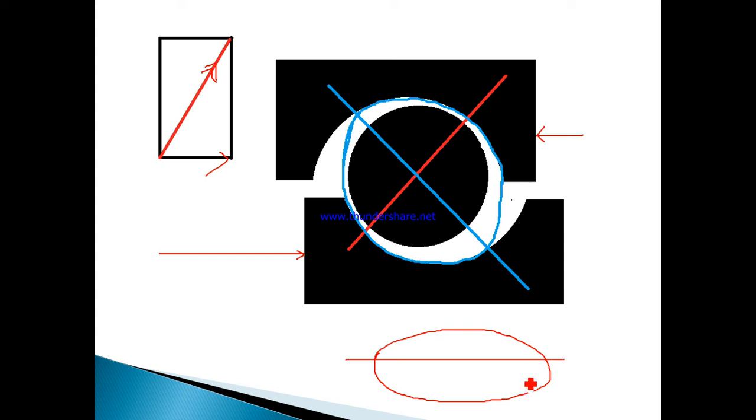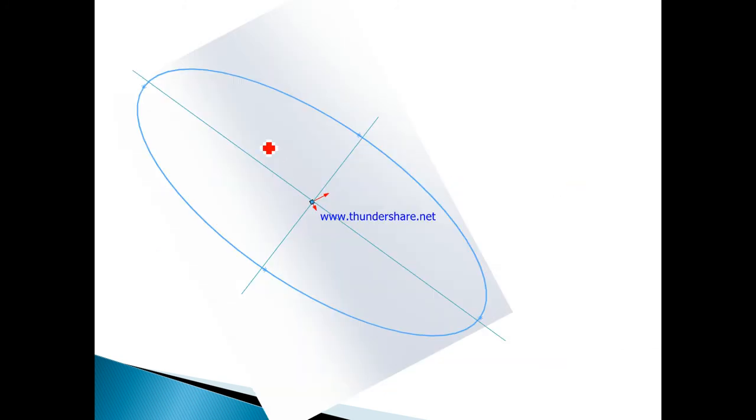It will be elliptical, but after this, if there is a preload, if the maintenance engineer does preloading in the bearing, the orbit diagram will be tilted. Now you see the major axis gets tilted.